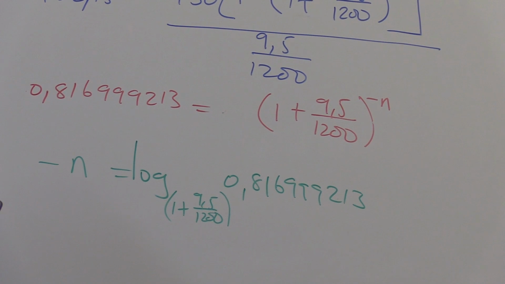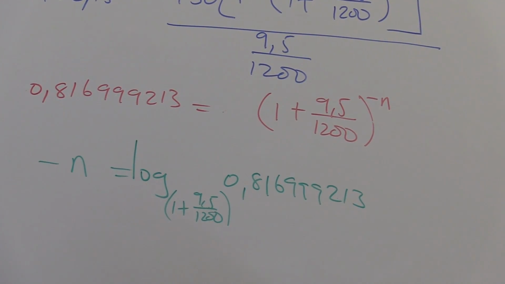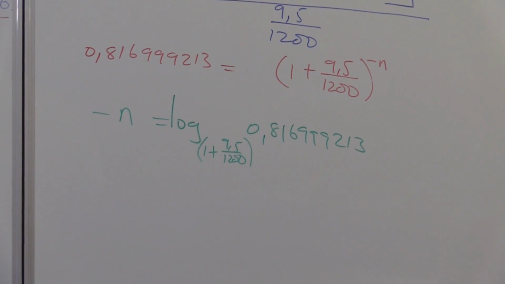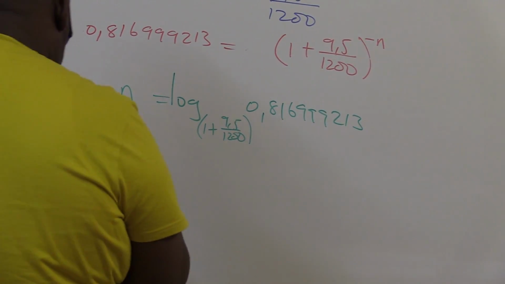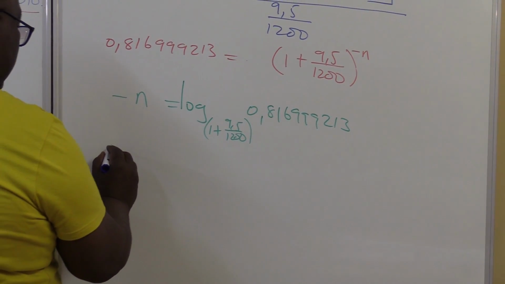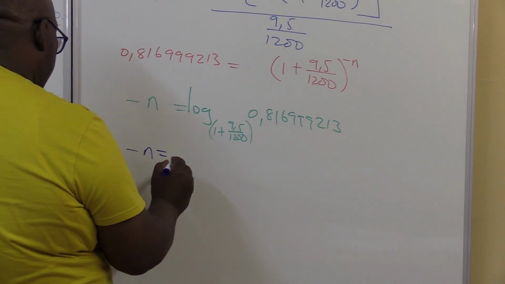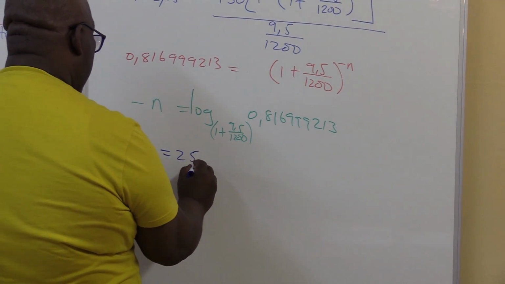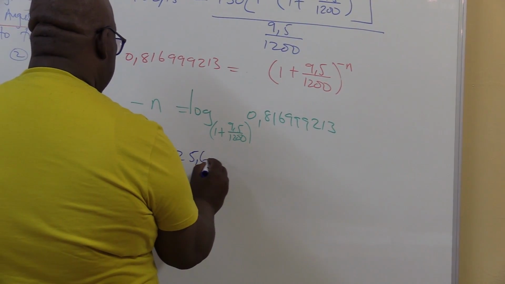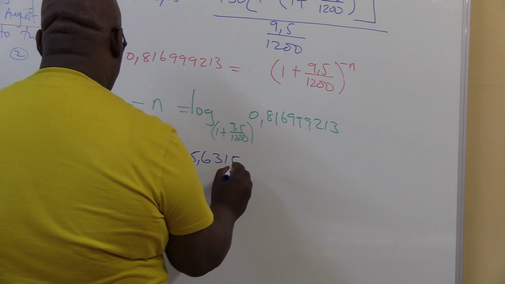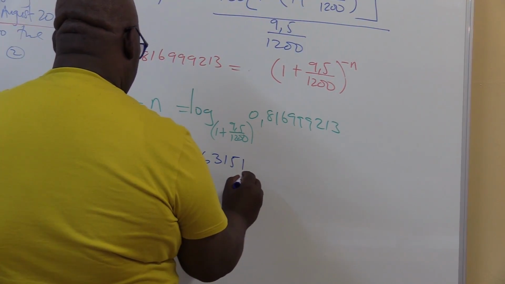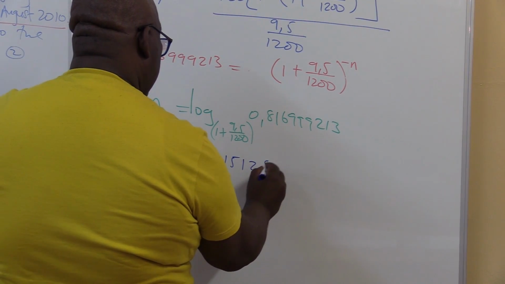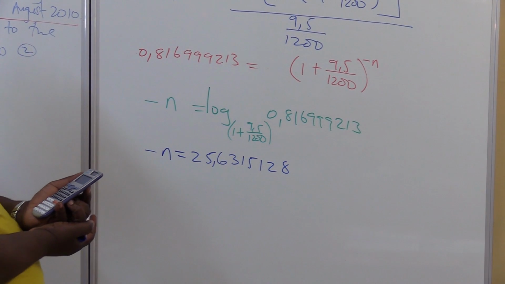What is the answer here? Okay, let's write it. Answer at the end. Minus n is equal to 25.6315128. I prefer that you write that whole number first.